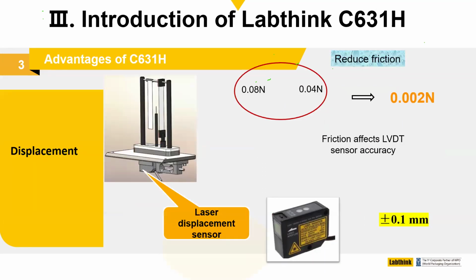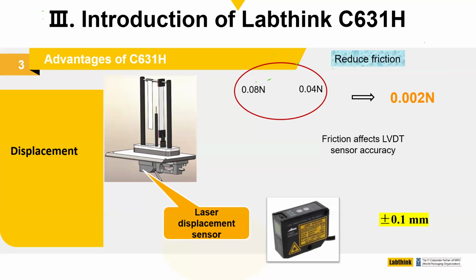So we see that the advantages that we have is the laser displacement sensor. This has been put in with the intention of reducing friction, and so the transition from the first instrument to the current iteration is that the friction effect with the LVDT was approximately 0.08 newtons. That was improved with the cable displacement transducer, which gave us a friction factor of 0.04 newtons.